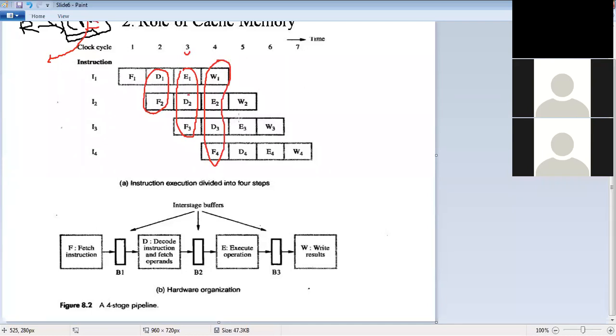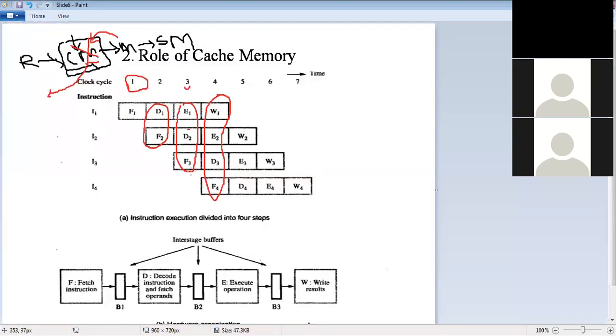Now you may wonder, sir, how is it possible that every phase requires a single clock cycle? This is one kind of ideal case I'm considering here. Here instruction execution is divided into 4 steps. I am assuming that every instruction requires 4 phases, or each instruction will finish in 4 clock cycles.